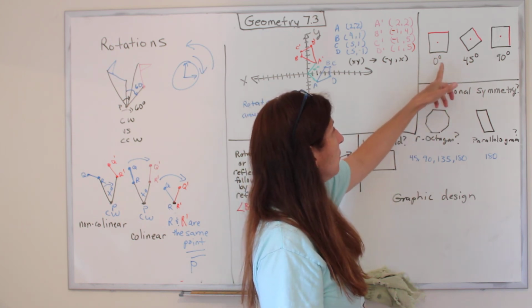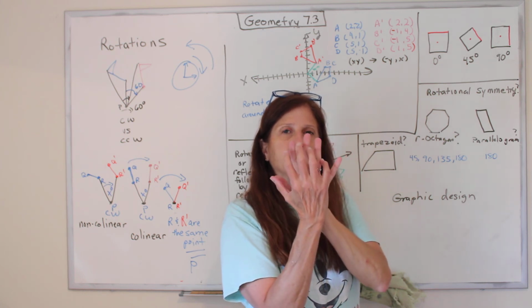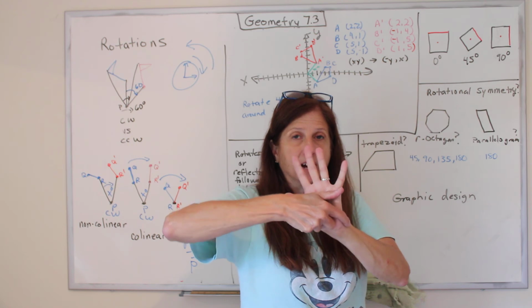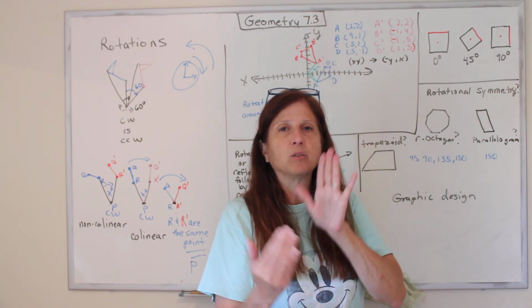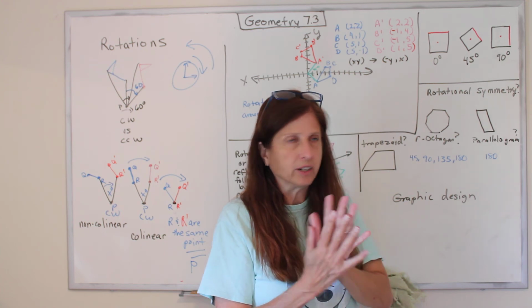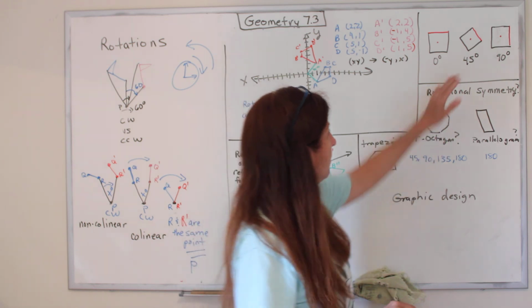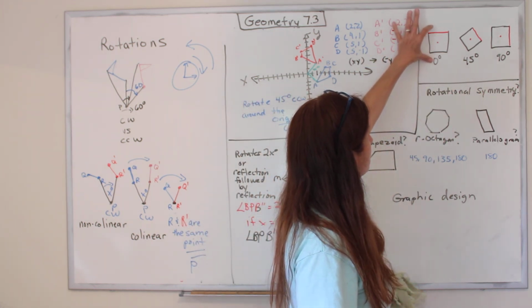All right, so if you could take that puzzle piece and rotate it around and it clicked into itself before it gets back up top again, that's it having rotational symmetry. So that's what we're doing here, rotational symmetry. So here is my block.